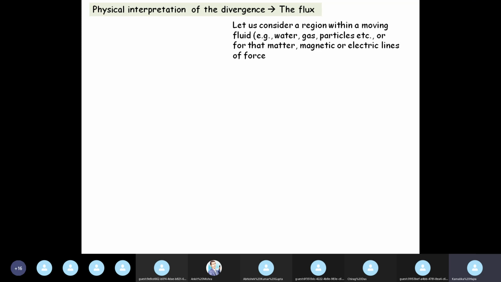I want to just explain the thing to you so that you can understand the physical interpretation of taking the divergence of a vector. Okay, so if you consider a region within a moving fluid, or even if you consider a magnetic field or electric field where there are magnetic lines of force or electric lines of force, then suppose v is the velocity of a fluid particle, we write v equal to small v into rho, where rho is the density of the fluid.